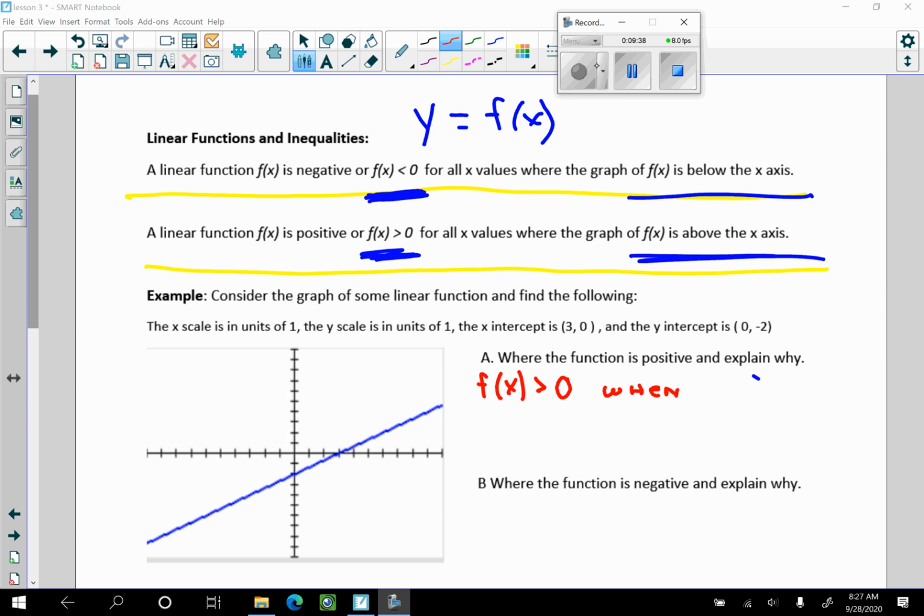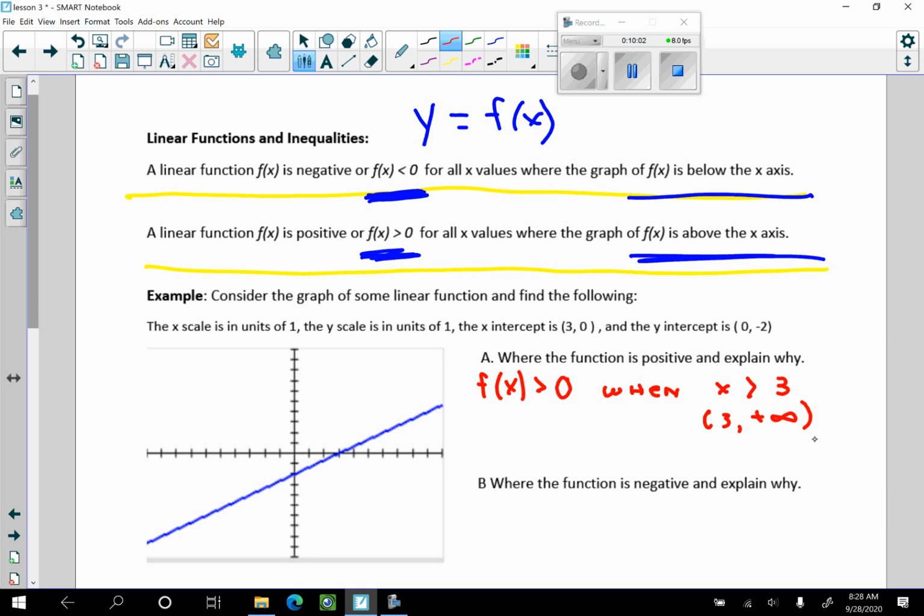You are correct, Billy. F of x is greater than 0 when, and we can say it 2 different ways, when x is greater than 3, or you can say on the interval 3 comma positive infinity.